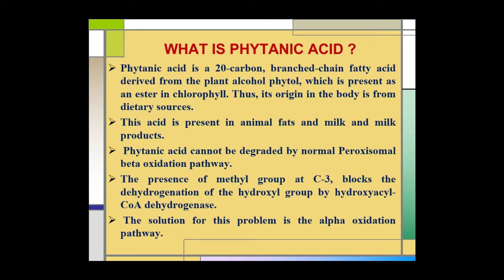Phytanic acid cannot be degraded by the normal peroxisomal beta oxidation pathway. The presence of a methyl group at the third carbon blocks the dehydrogenation of the hydroxyl group by hydroxyacyl CoA dehydrogenase. The solution for this problem is the alpha oxidation pathway.